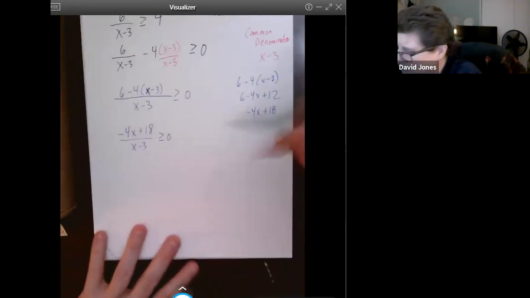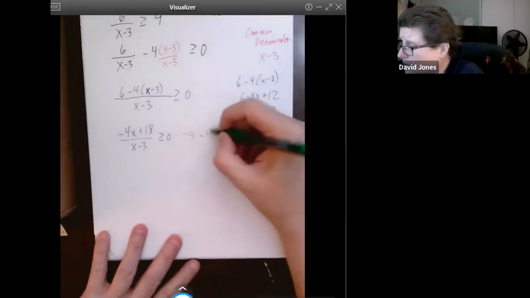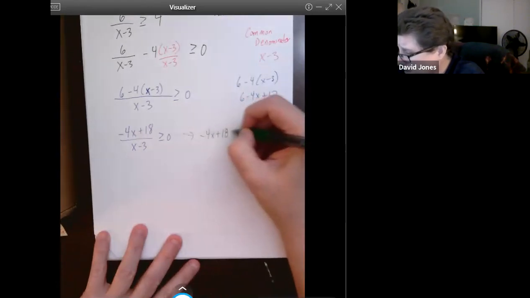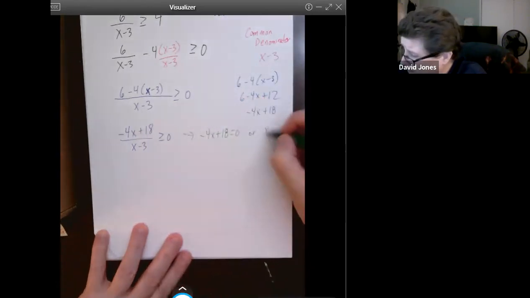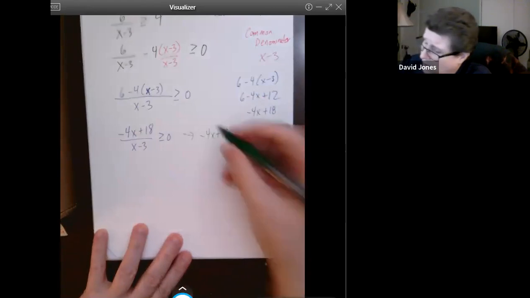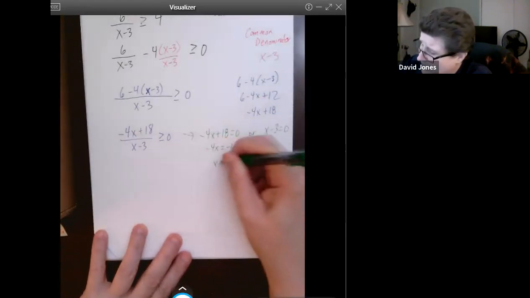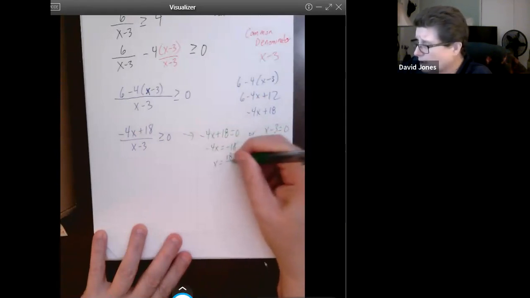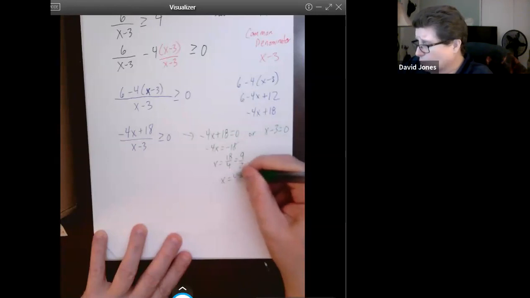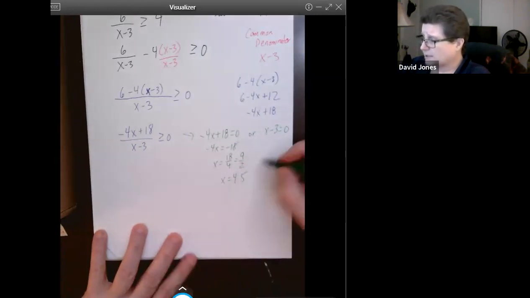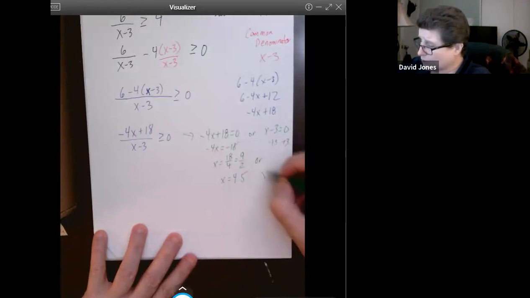I will solve each of these for 0. Negative 4x equals negative 18. x is 18 over 4, or 9 over 2, which is 4.5. Or we add 3 to both sides, x equals 3.